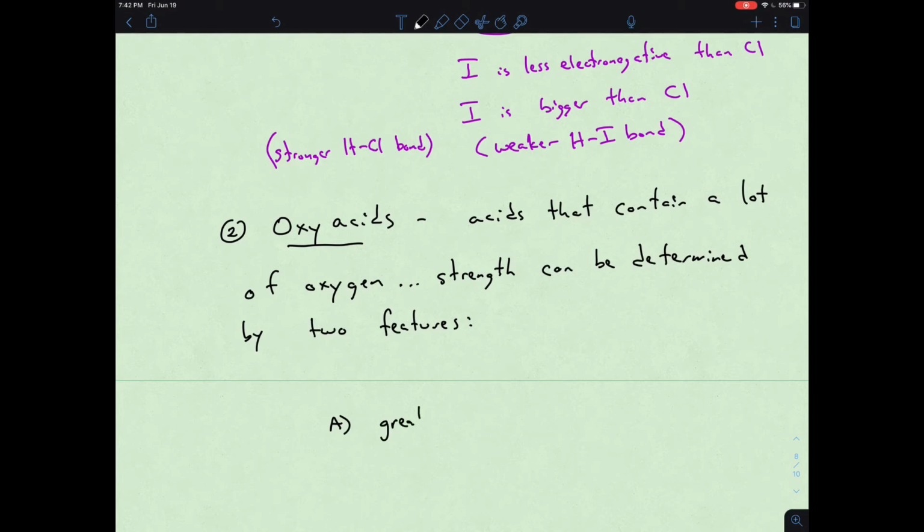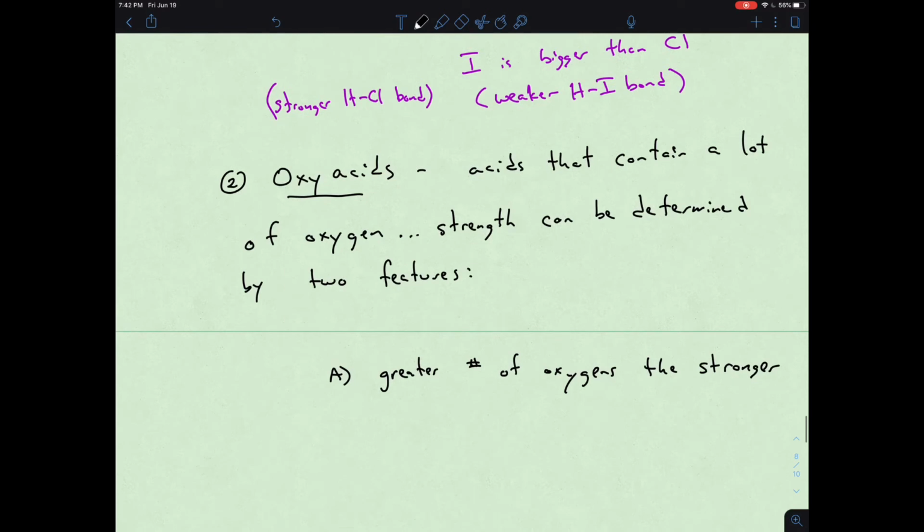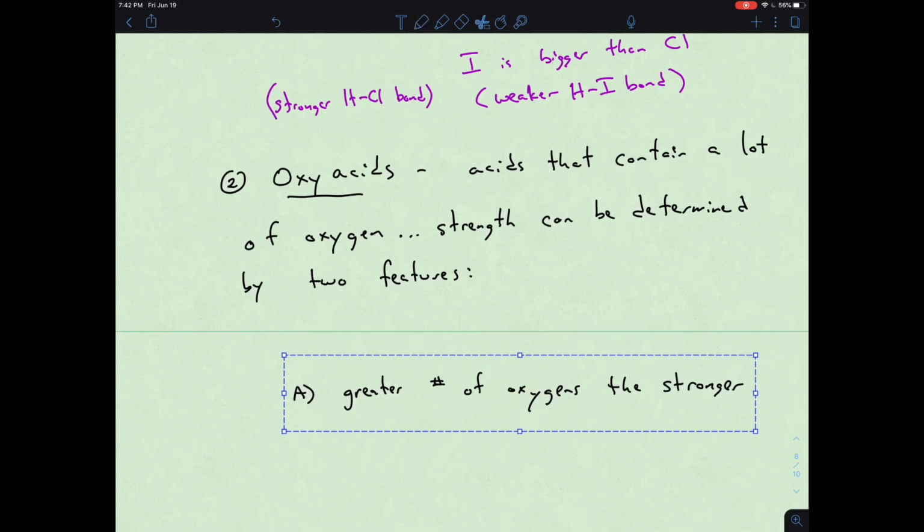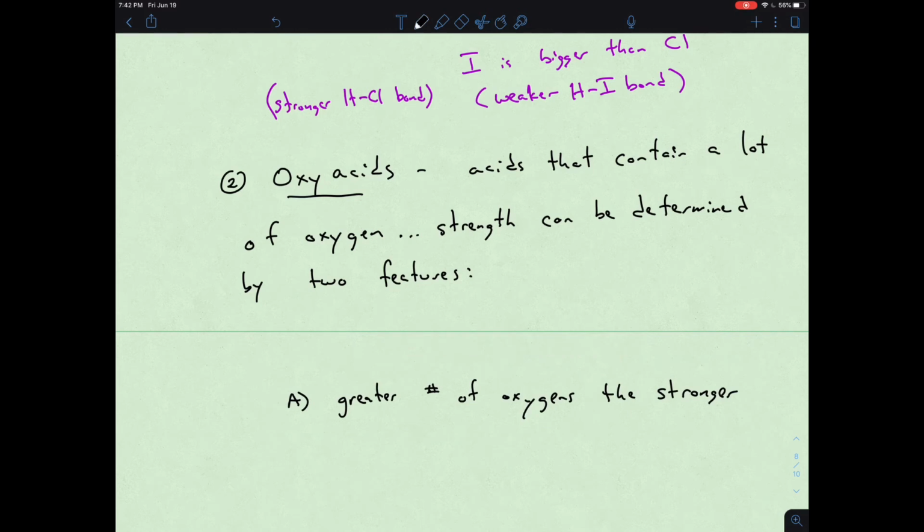The greater the number of oxygens, the stronger the acid. And so this has to do with the idea again of stability.